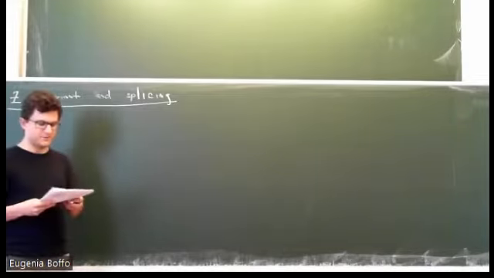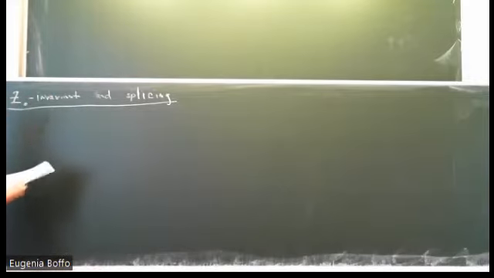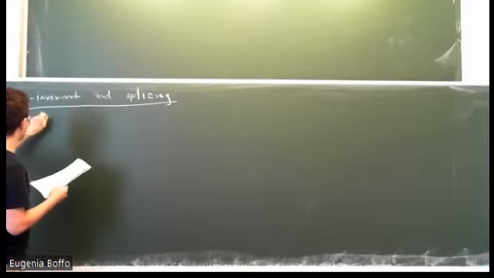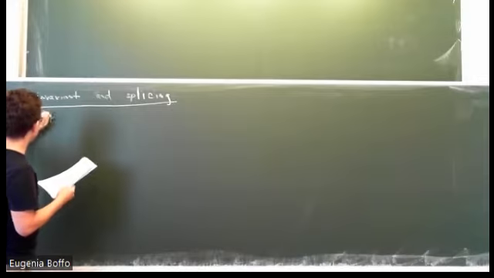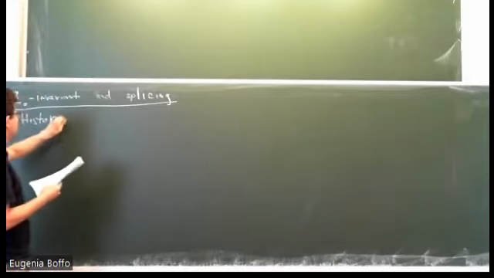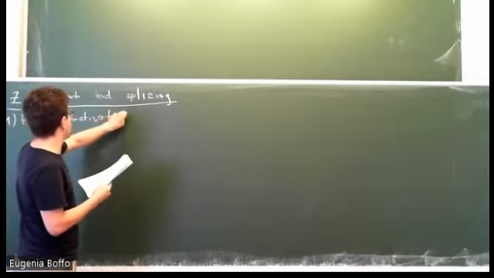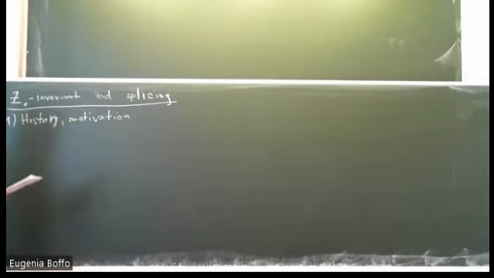So I will talk about this Z0 invariant and so-called splicing. First, I will start with some history and motivation. Why study this?